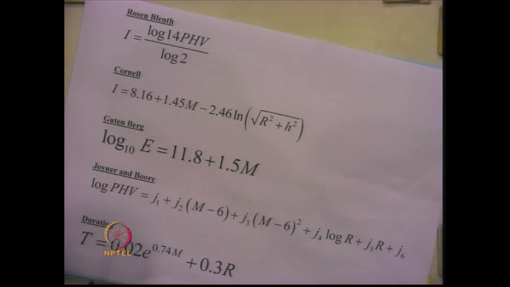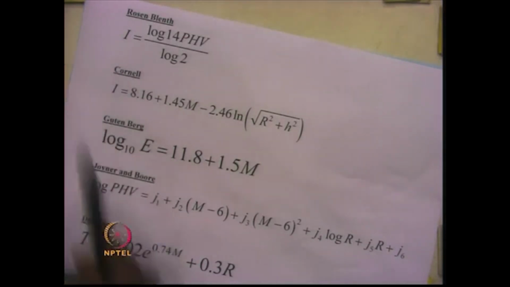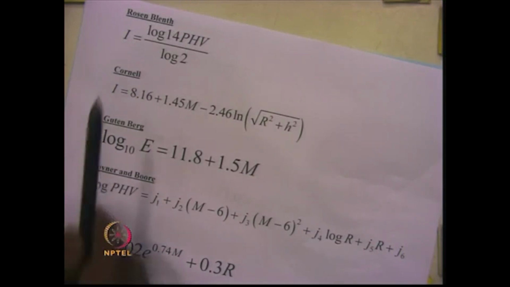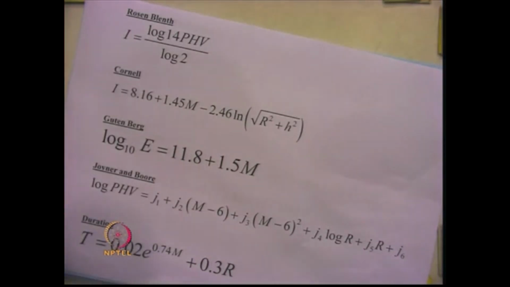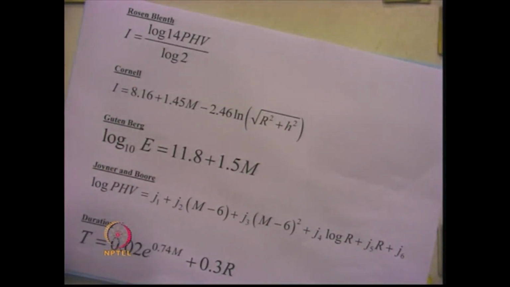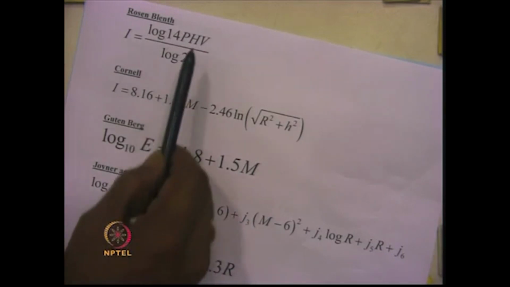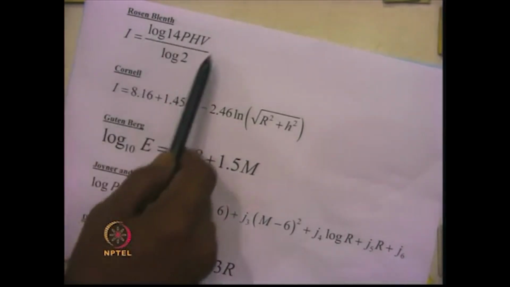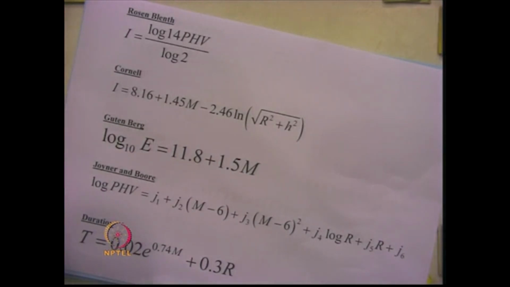Next, there was an attempt to relate the peak horizontal velocity of the ground with the intensity of earthquake, and if you remember, I said that the intensity of earthquake is a subjective measure, whereas PHV is something which we expect that we should be able to measure, but this subjective quantity has been used to find out a quantity which can be measured.